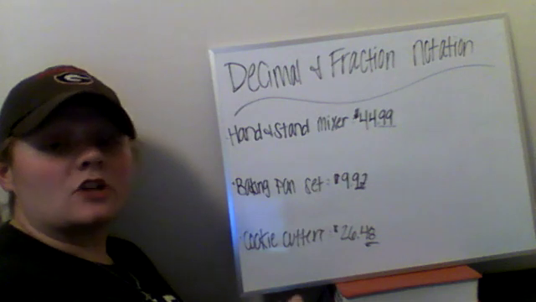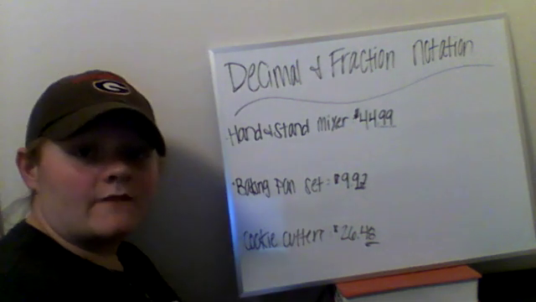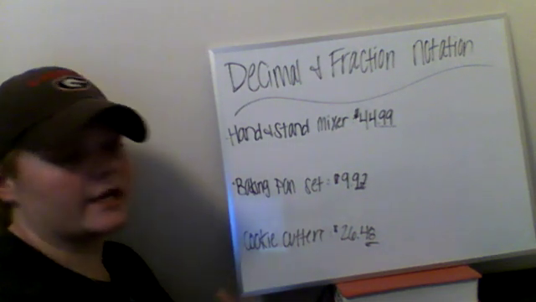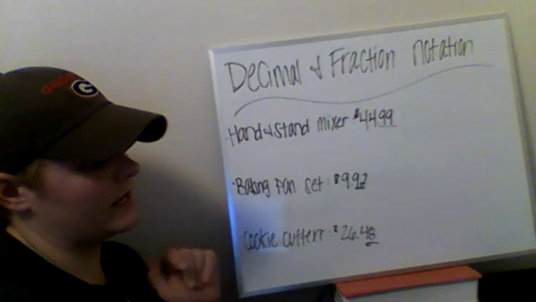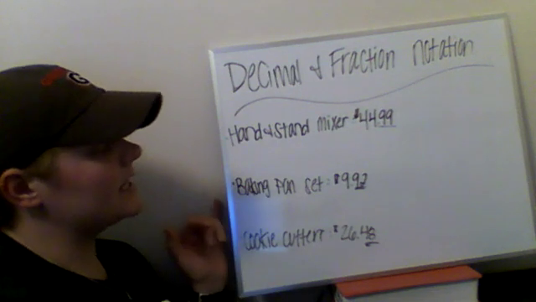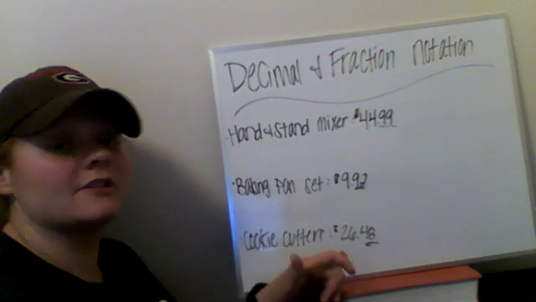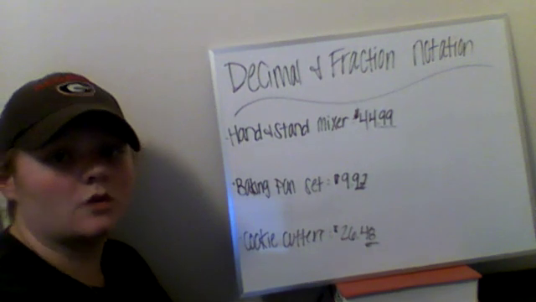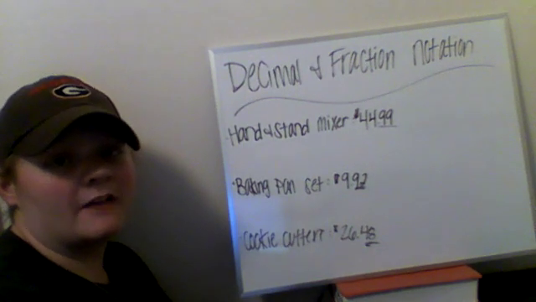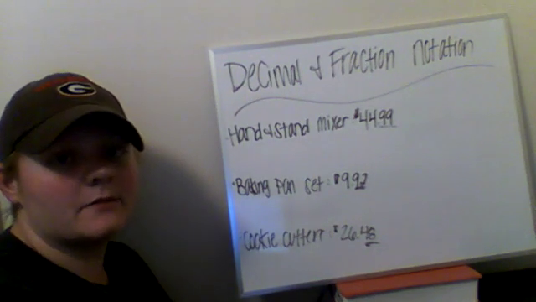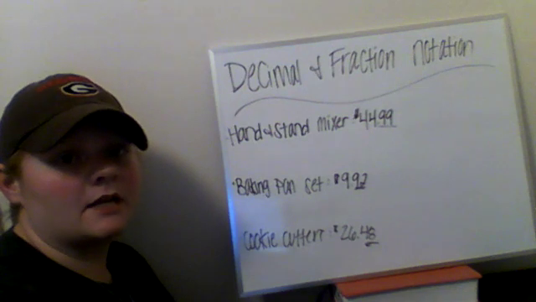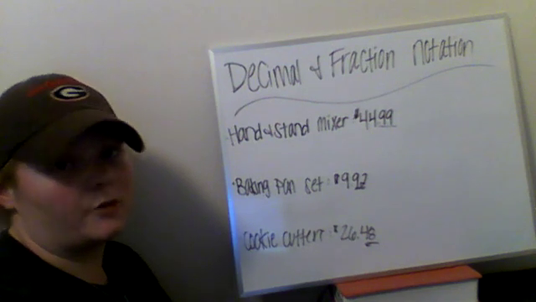So I like to shop at Walmart. Walmart is one of my favorite places to shop where I can go buy baking stuff, okay? All I did to get the total amount of what each of these items cost was go to the Walmart app on my phone, type in the item I was looking for, and it popped up the product that I could buy and the price.